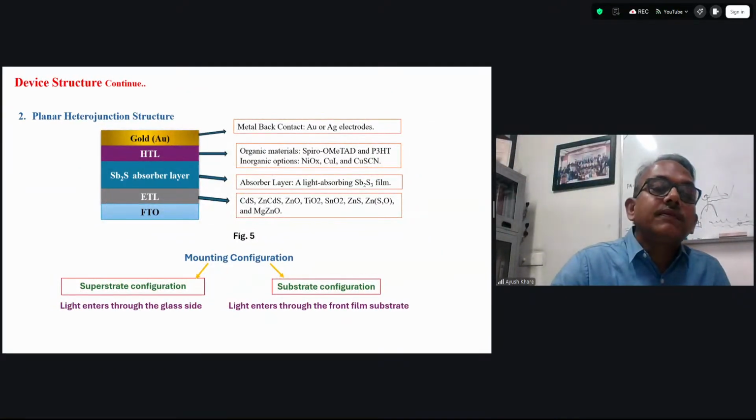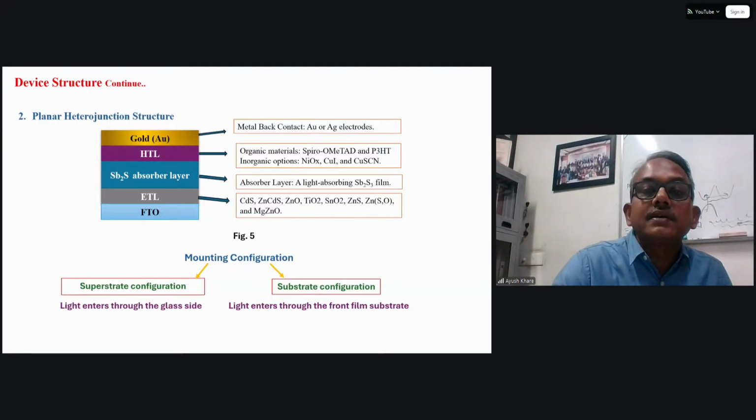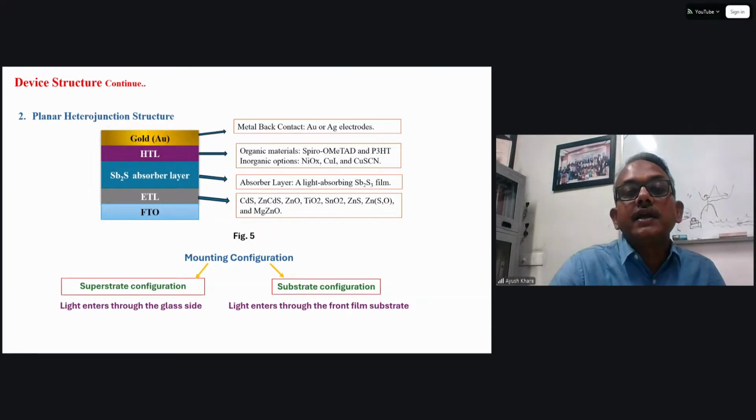The other class of these structures is the planar heterojunction structure, in which we have a metal back contact, as you can see, silver or gold. Organic materials like spiro-OMeTAD and P3HT are highly expensive, right? They are generally used in perovskite solar cells. Other inorganic options are nickel oxide, copper iodide, and copper selenide, right?